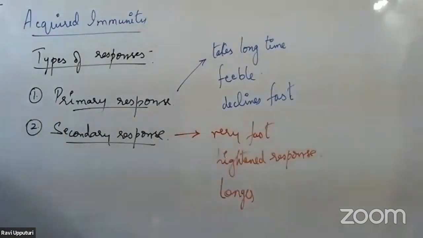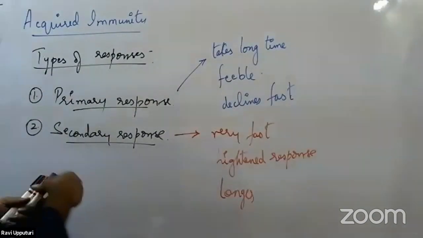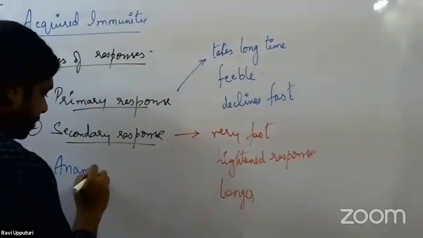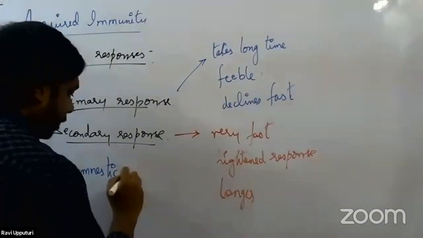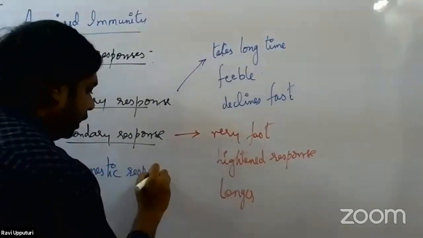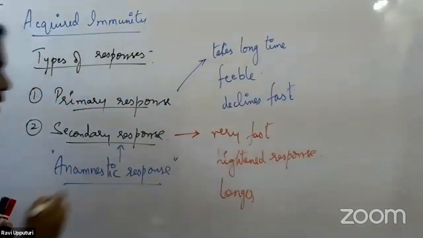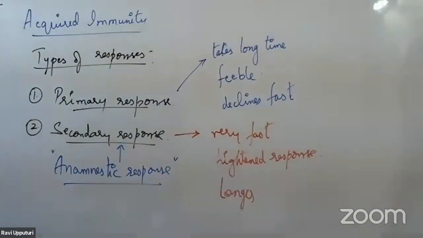The secondary immune response is also called the anamnestic immune response. So both are the same, either secondary immune response or anamnestic immune response.